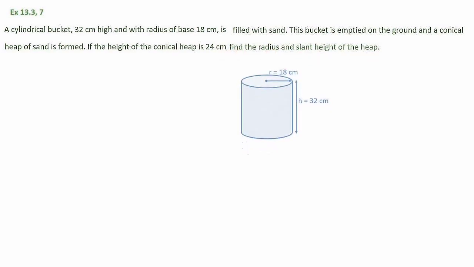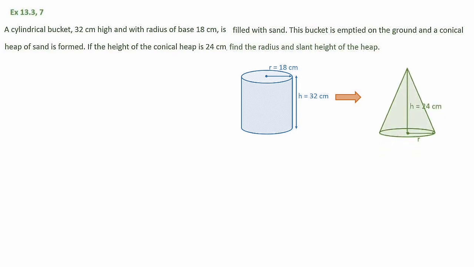Let's visualize the question. A bucket with 18 cm radius and 32 cm height is full of sand, and we are dumping it back to the ground to form a conical heap of sand. The height of that heap is 24 cm.